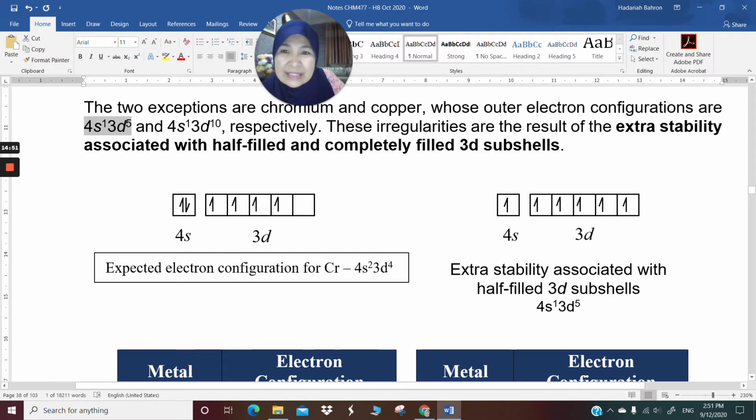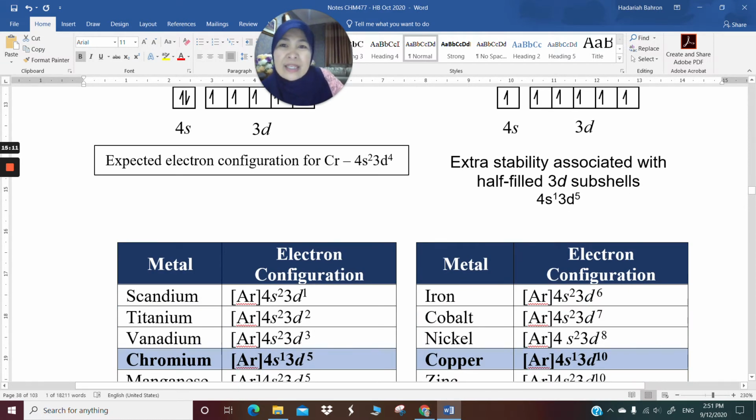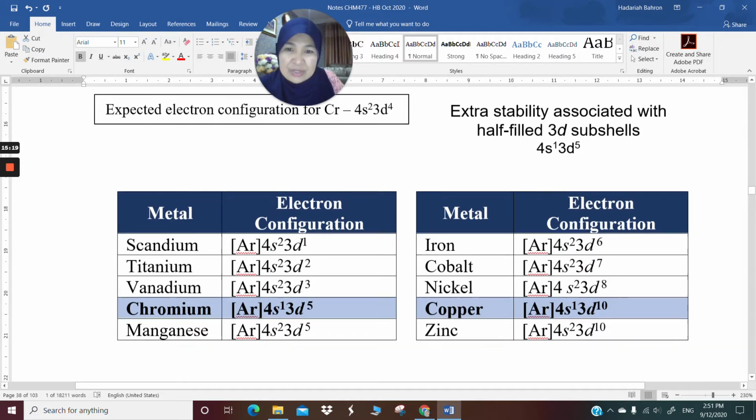Extra stability is associated with the completely filled 3d subshells. Completely filled 3d subshells and half-filled 3d subshells will give extra stability to copper and chromium. That is why it has a slightly irregular pattern of electron configuration.